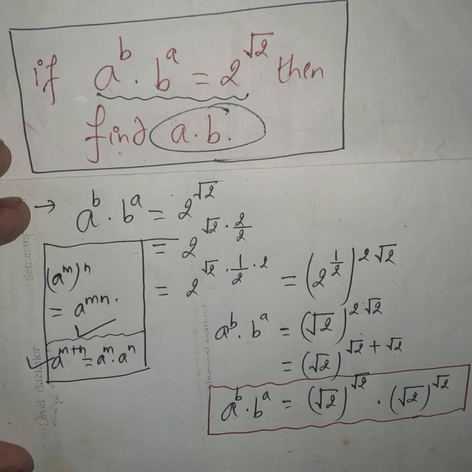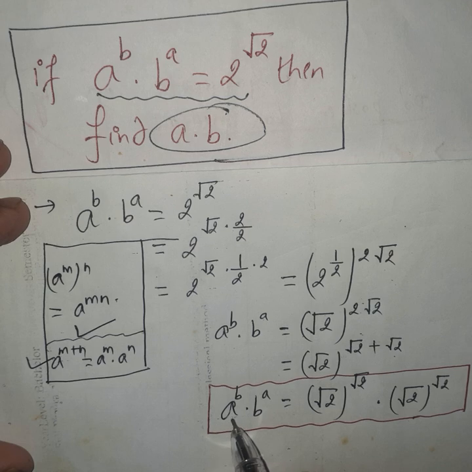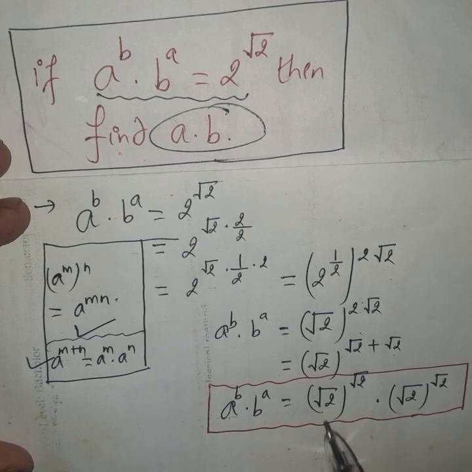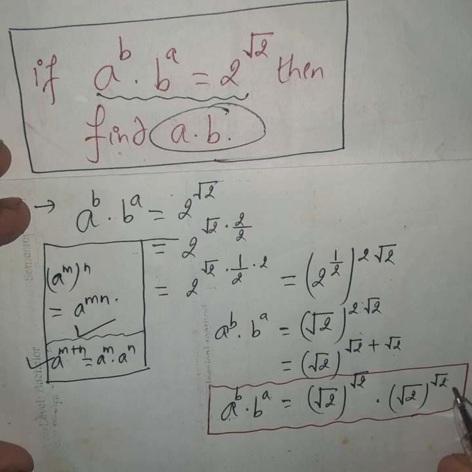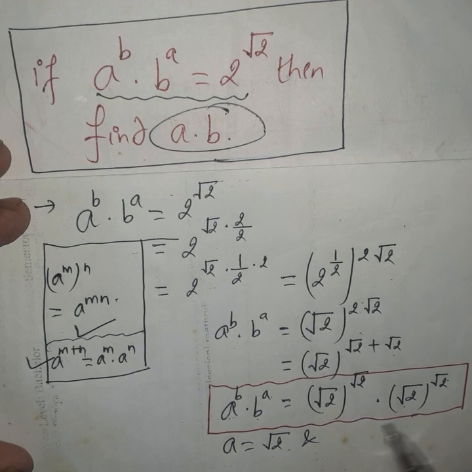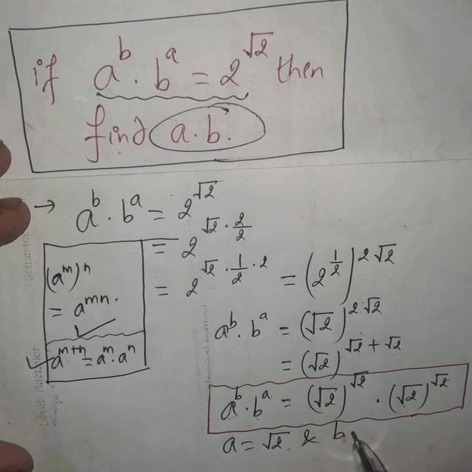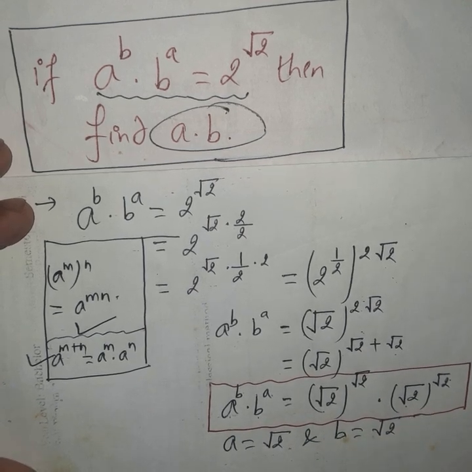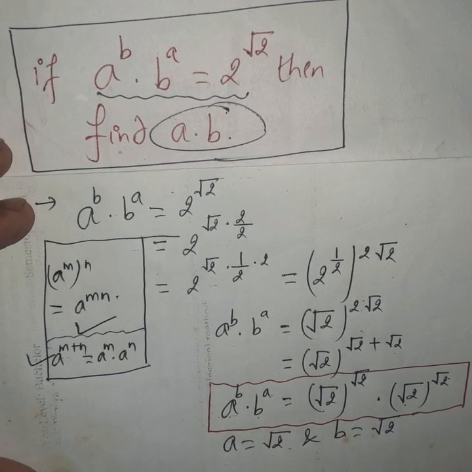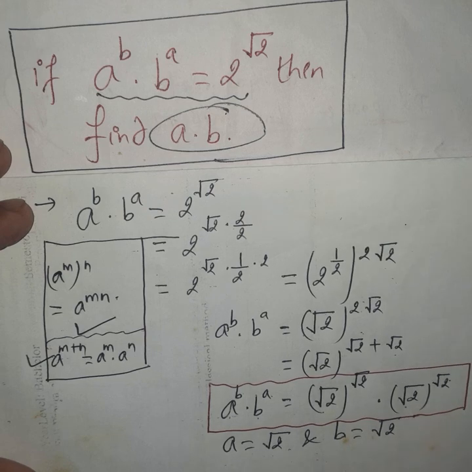So we can easily say, by comparing these terms, that the value of a is square root of 2, and in place of b, here is also square root 2. Just comparing the corresponding terms in corresponding positions, the value of a is square root 2 and b is square root 2.